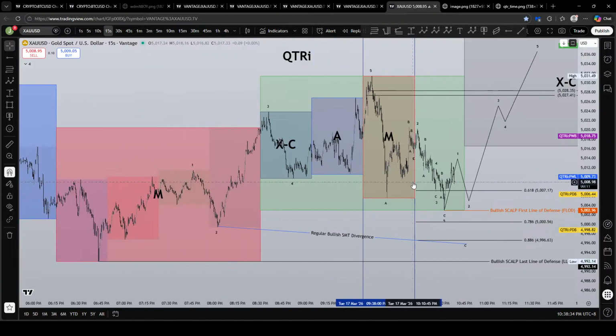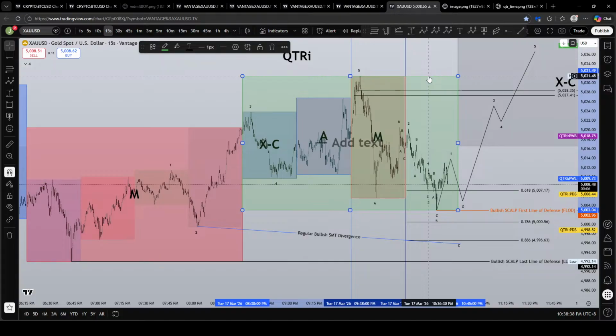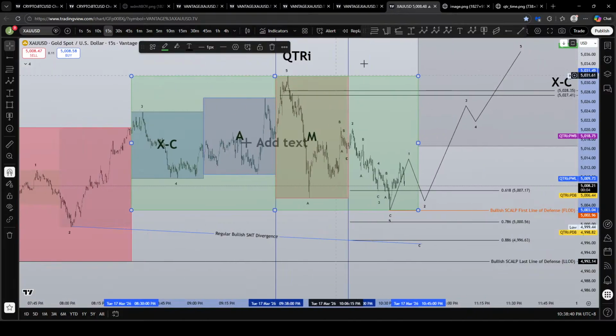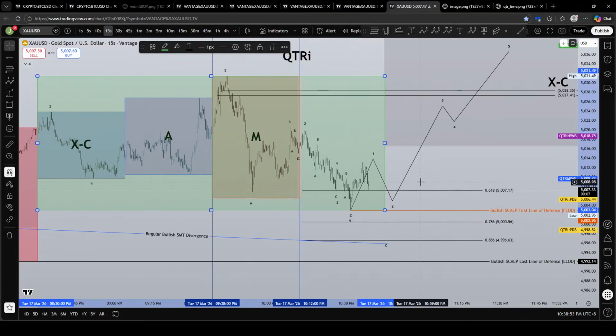closing of the quarter 3, which will end at 10:45. It's already 10:38, so we still have 7 minutes before the closing of the third quarter.